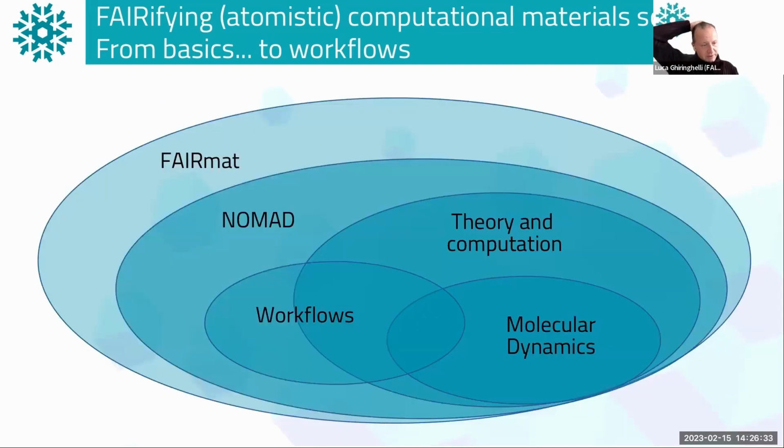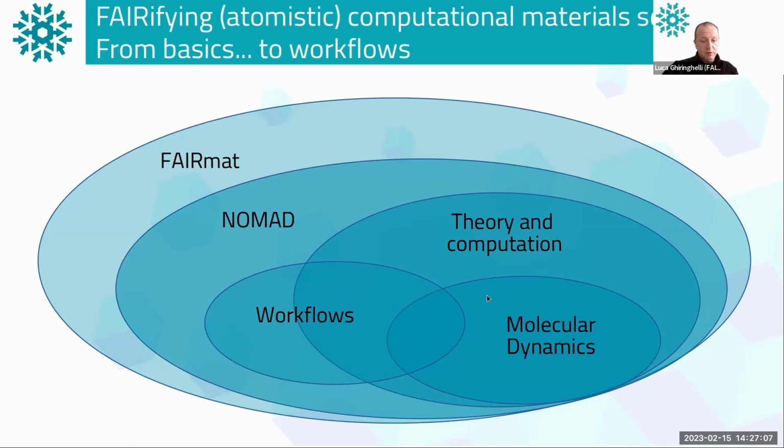So hopefully at this point, this Euler diagram becomes more clear. We have FAIRmat, that is the overall consortium that develops in different directions. Part of FAIRmat is the NOMAD laboratory, that is the infrastructure that can be used to store and analyze the data. A subset of this infrastructure is the Turing computation area that we will be focusing on today.